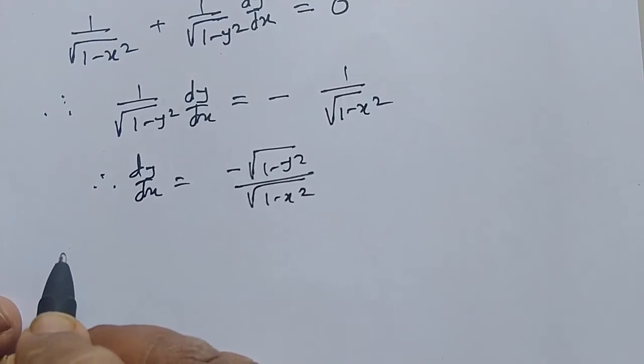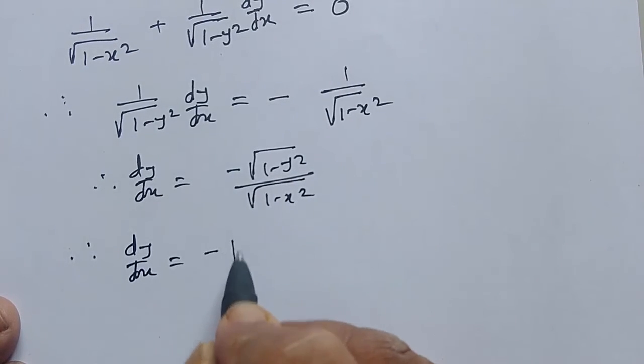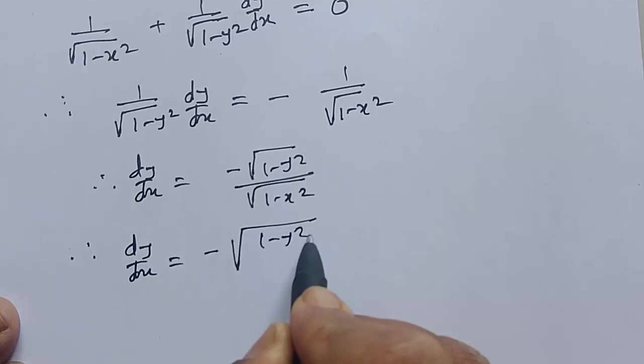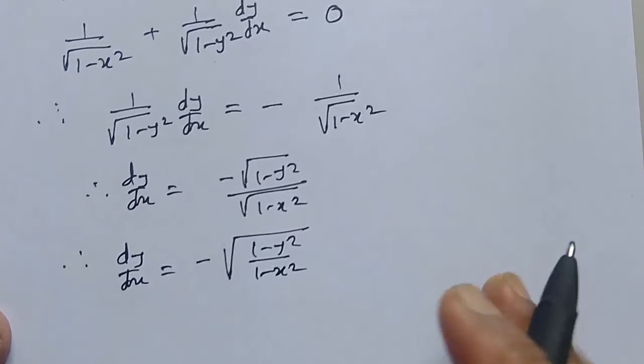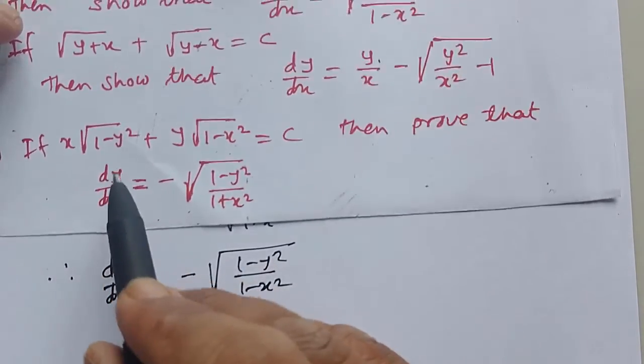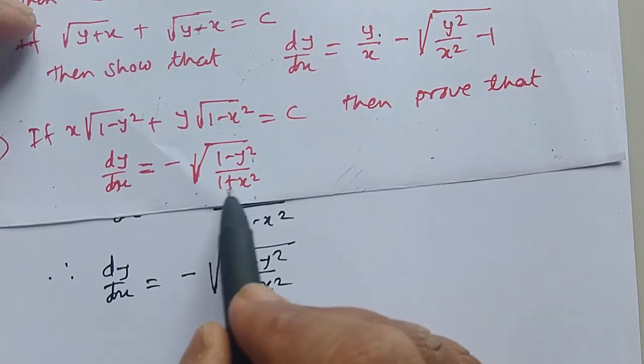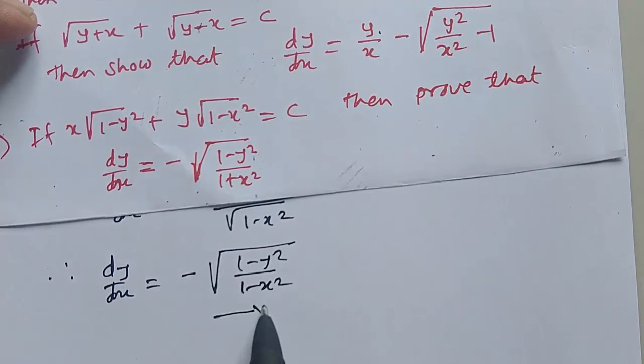And therefore, dy by dx is equal to minus under root of 1 minus y square upon 1 minus x square. It is what we want to prove. Dy by dx is equal to minus under root of 1 minus y square upon 1 plus x square. Hence the proof.